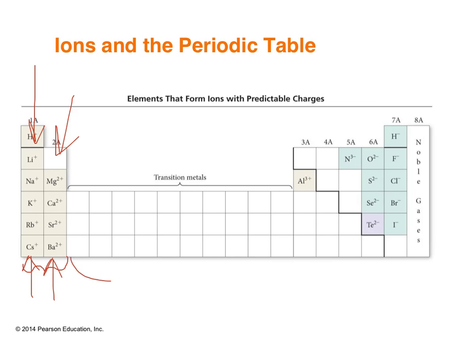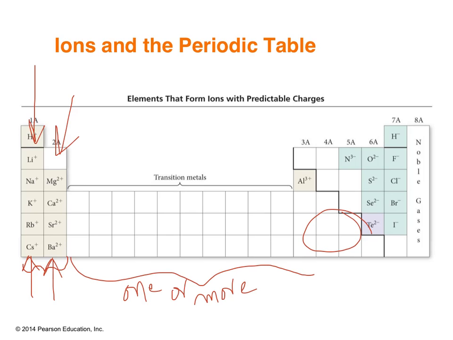Now, for transition elements and for a couple of other elements here, and we'll talk about that in detail, you can remove one or more based on the nature of the element and nature of the other element that it is reacting with.